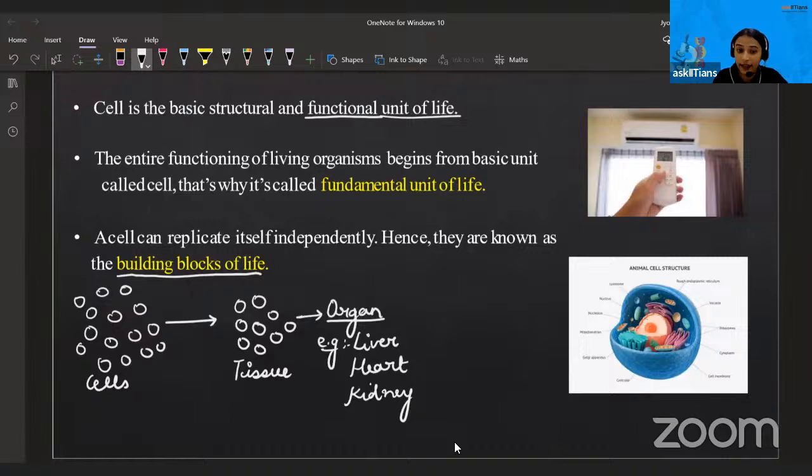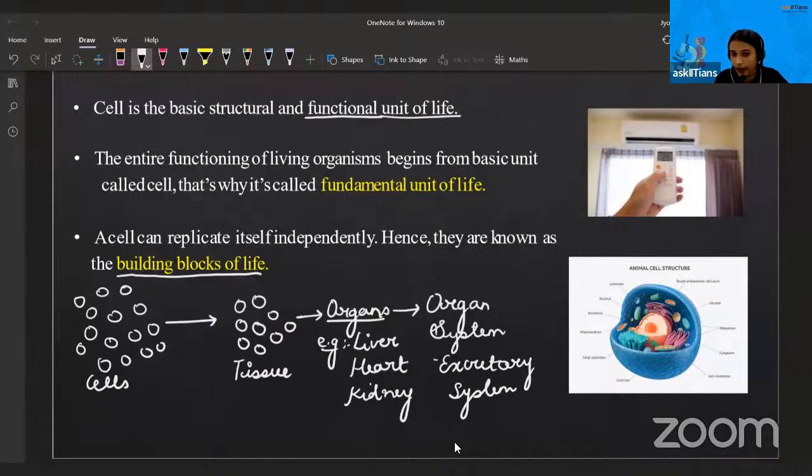When these different organs come together, they form an organ system, like your excretory system and circulatory system. These are all organ systems present in our body. And when these organ systems come together, they form our organism.